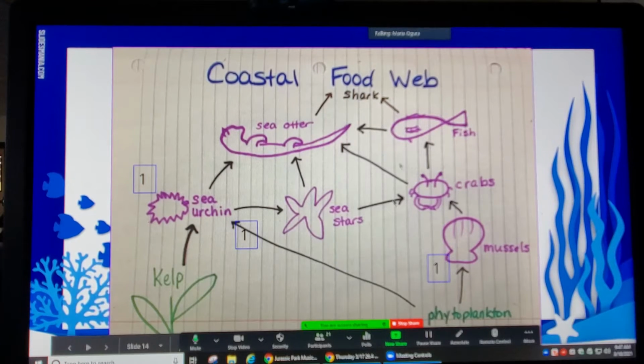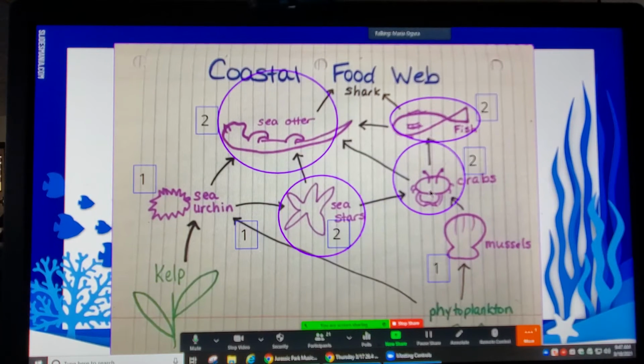Well, these are the guys as well, because here, primary, secondary. And the fish, how is the fish secondary? Let me see this one here. That would make him a tertiary. And I think I listed him as a secondary.